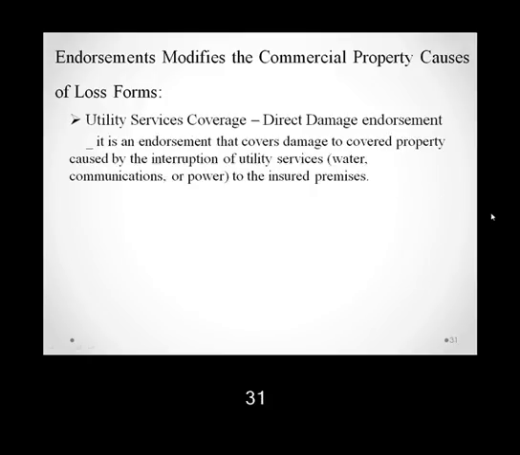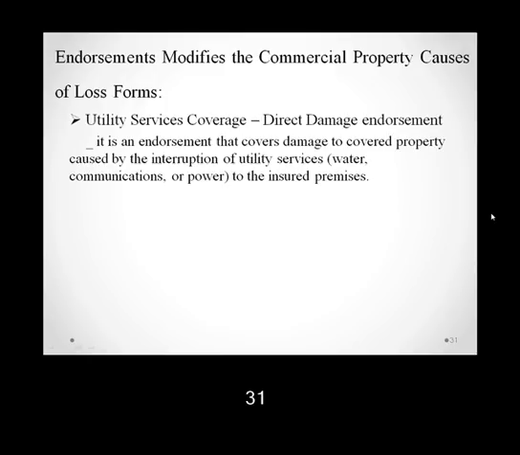The next one, the utility service coverage covers the direct damage as an endorsement. Any type of utility failure off premises will be covered under this coverage. For example, if you have a supermarket that sells ice cream, we said that the lightning cause of loss will be covered. So if the failure of power is due to lightning, it will be covered with or without this endorsement.